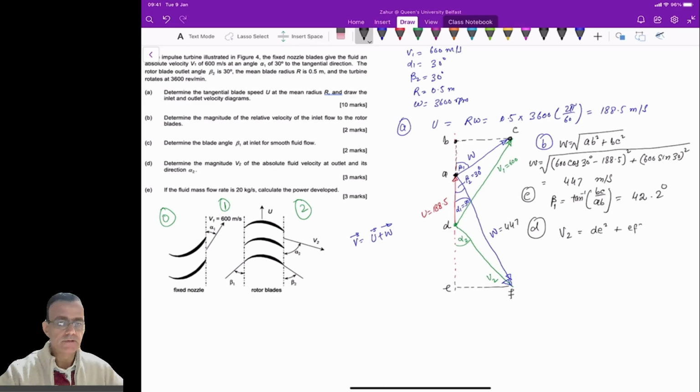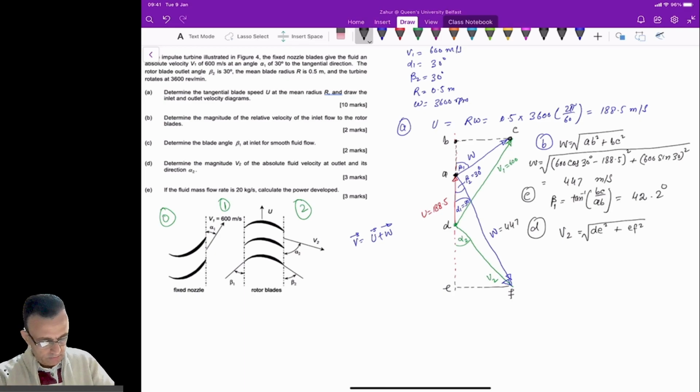So again, you can see that DE, which is this distance here, because W is given, which is 447 cos 30.